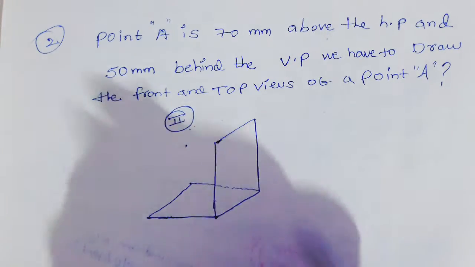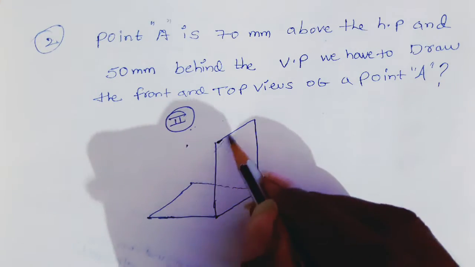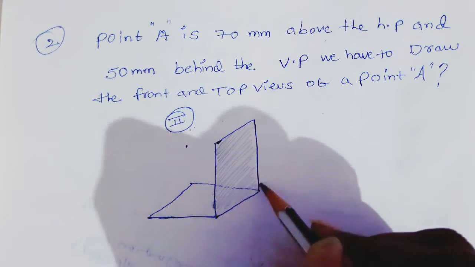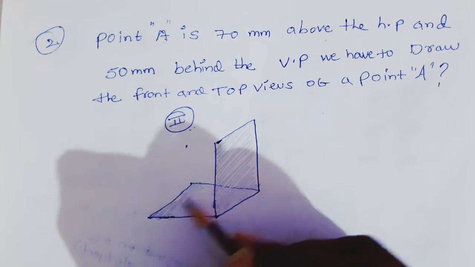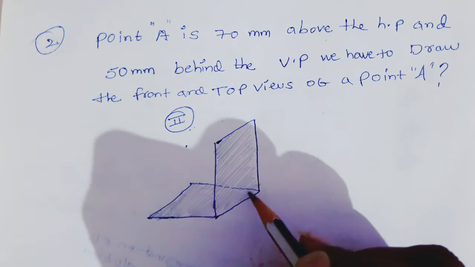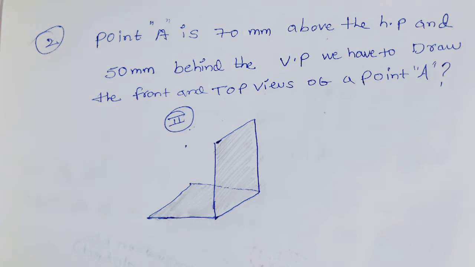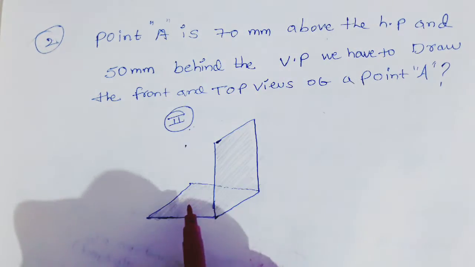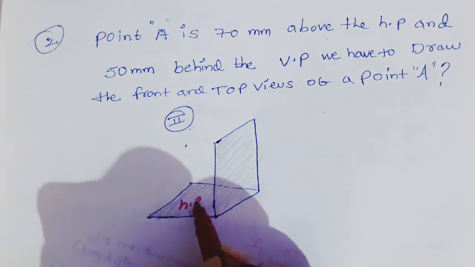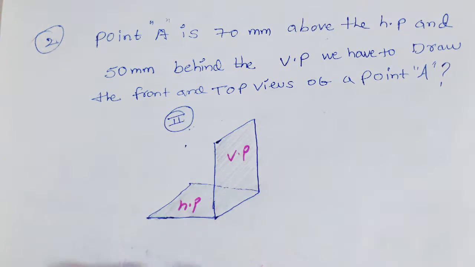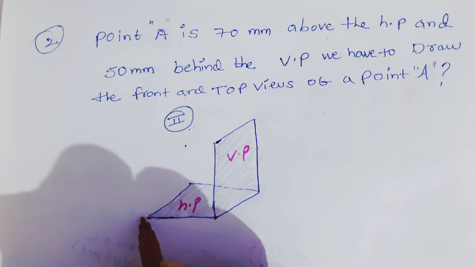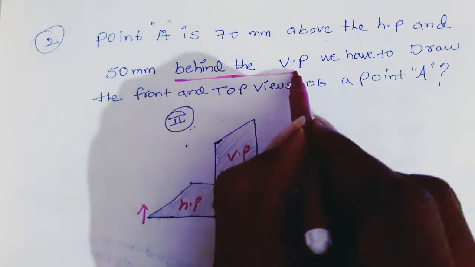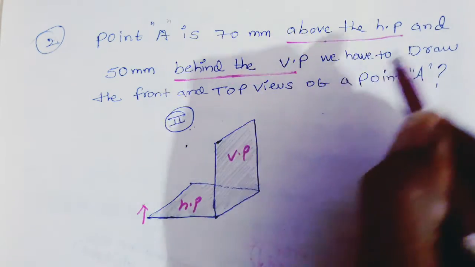Okay, see. So next, what is 70 mm above the HP? Nothing but this is the HP plane, this is the VP plane, right? So 70 mm above HP means in this way above, behind the VP and above the HP is given.